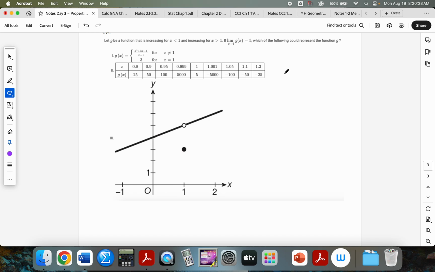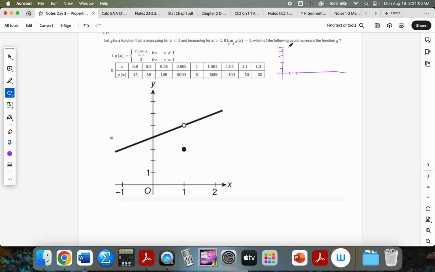Now, for me, you guys have all been in my geometry class. I'm a picture guy. When they tell me all this information, it'll be a lot easier for me to get all that if I draw a simple picture of that. So I need a function that is increasing for x less than 1, decreasing for x greater than 1, and as we go towards 1, this goes towards 5. 1, 2, 3, 4, 5.